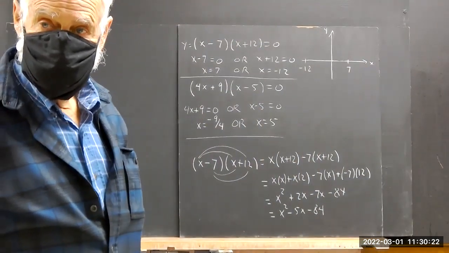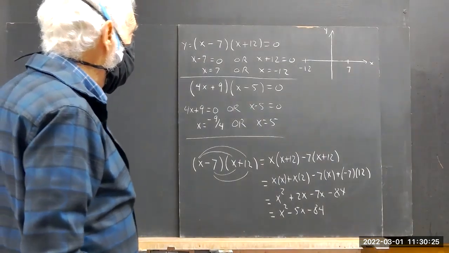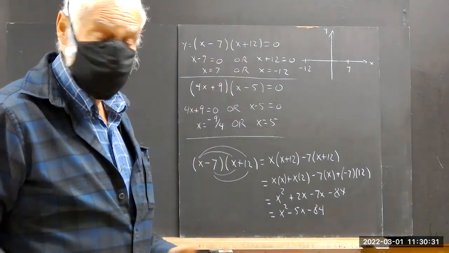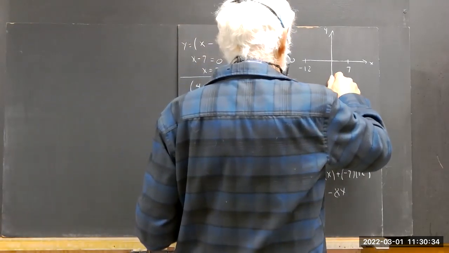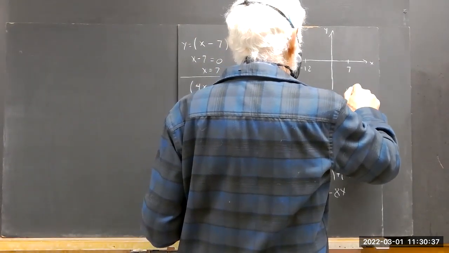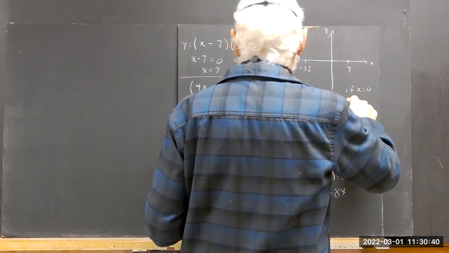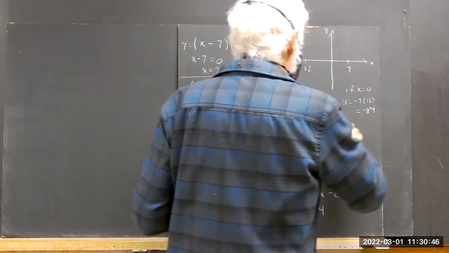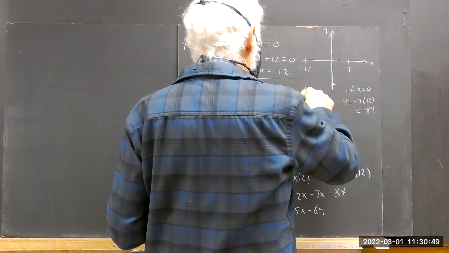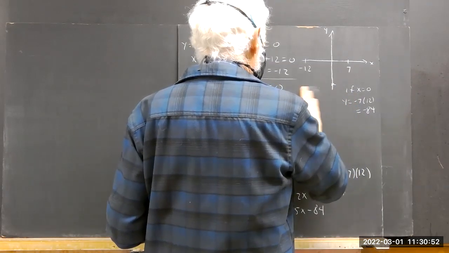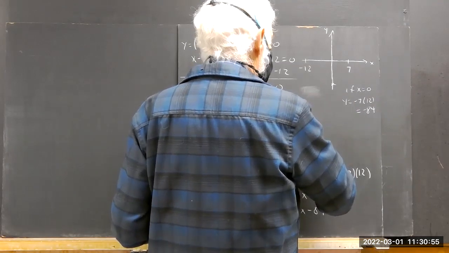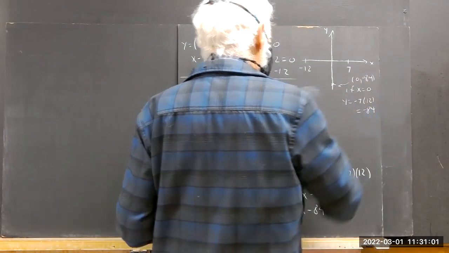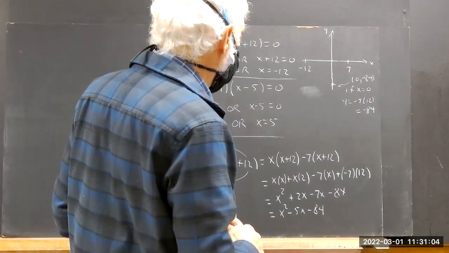Okay. Then I could say, okay, well, if x equals 0, this gives me negative 84, right? I'll get the point here. 0, negative 84.